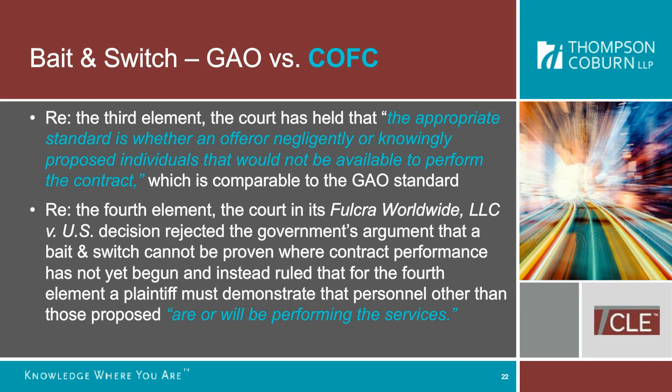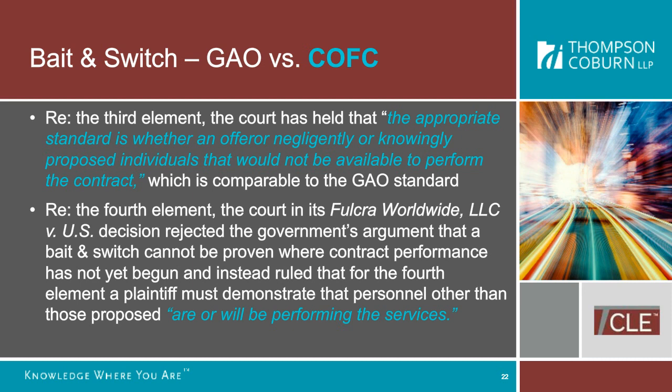And so the summary here is that many of these misrepresentation and bait and switch allegations are essentially losing incumbents who learned that the awardee was recruiting their employees, or disappointed offerors who see job postings by the awardee for the same positions that were supposed to be filled by key personnel.